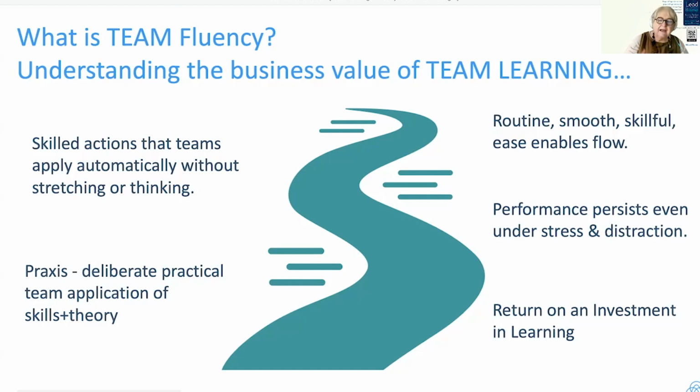Fluency is that idea of praxis. It's the deliberate application of both skills and the theory, the why we are using those skills. So teams that understand both of those things keep using the skills that they know are getting them closer to their why. And it comes from an investment in learning, in constant learning.